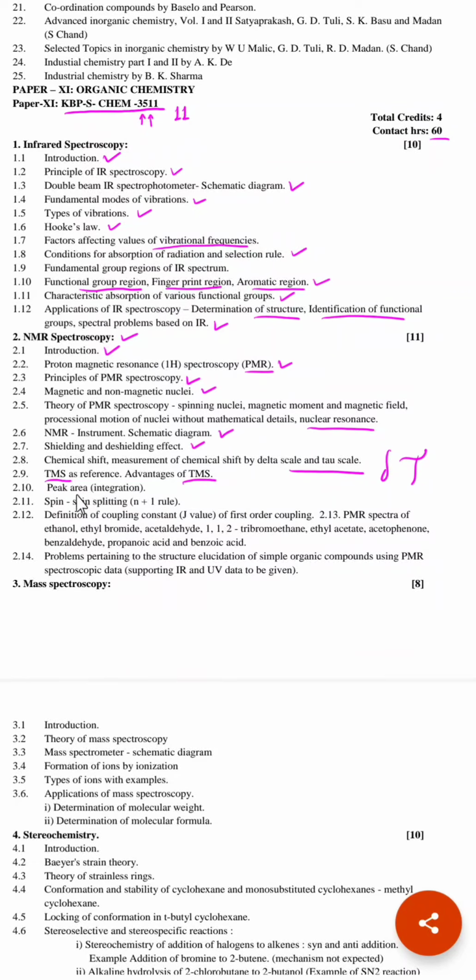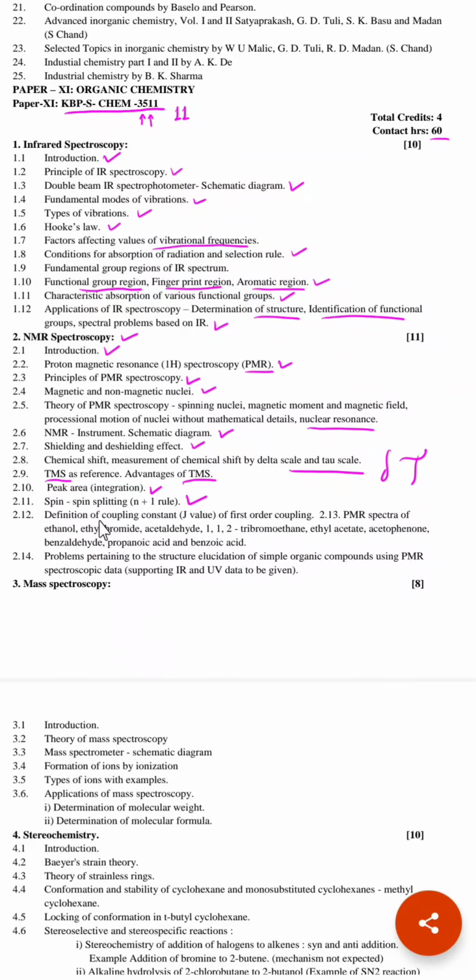Then the peak area, it is also known as integration. What is meant by integration? Peak area in NMR spectrum. And the n+1 rule, that is spin splitting, we will see in detail and we will solve some problems based on this.